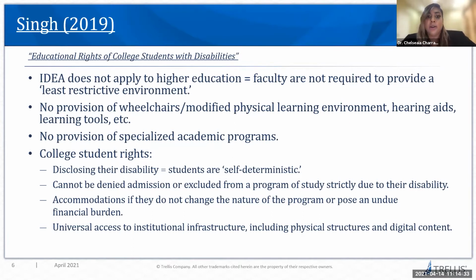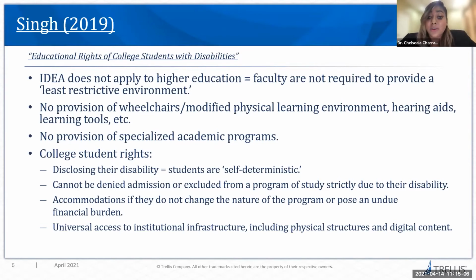So when you think about K through 12, you think about the 13 disability categories that are under IDEA. But in college and higher education, there's an even larger spectrum of disabilities. So this includes more psychiatric conditions, attention deficit hyperactivity disorder, mental health disorders, different impairments and different health impairments.